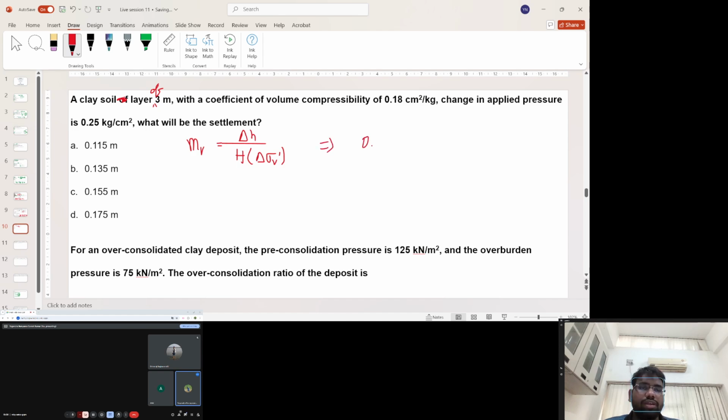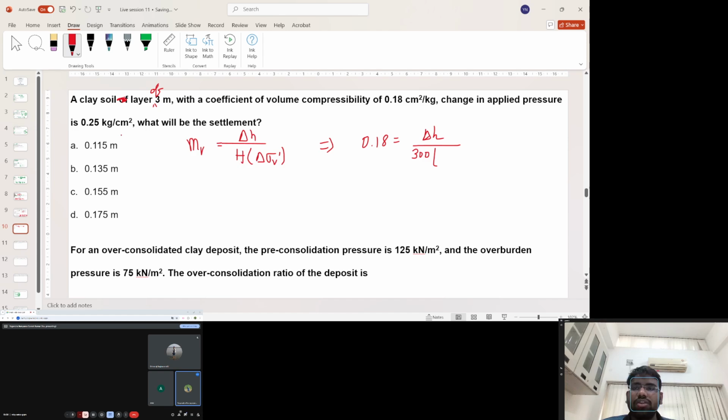We know that mv is 0.18, delta H we need to find. H is 3 meters; everything is in centimeters, so we convert it into 300. No need of 300, sir, the answer is asked in meters.